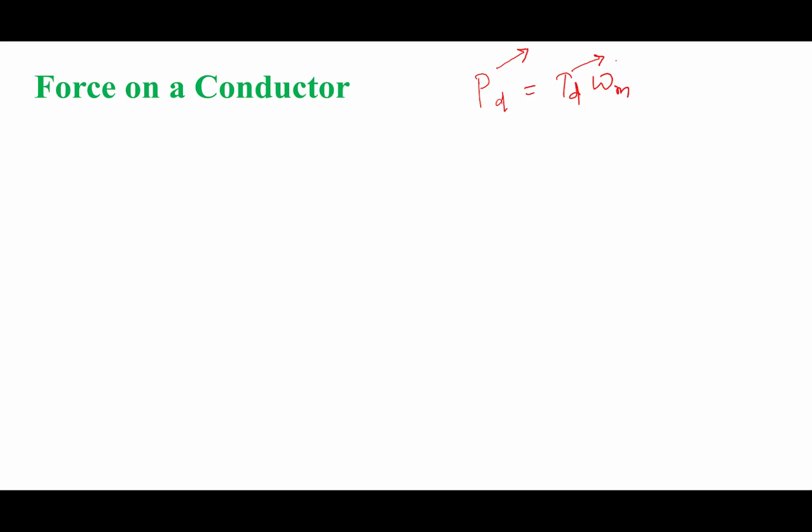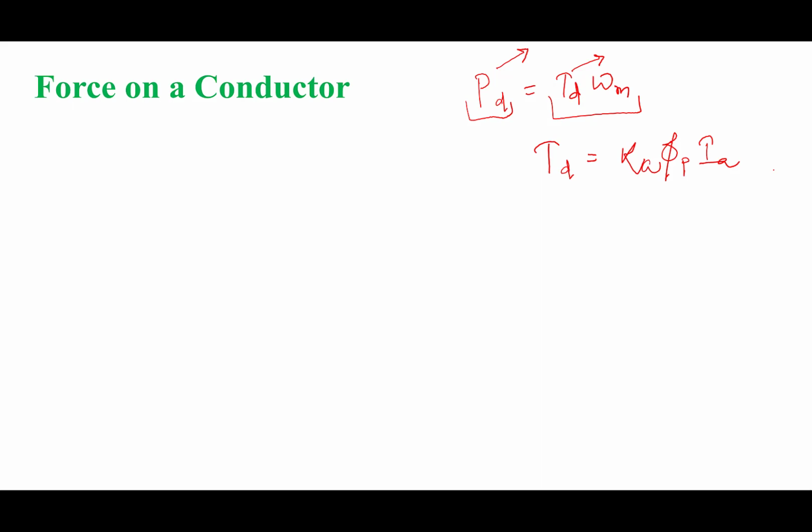Okay. So therefore we related PD equal to TD into omega m, and this TD in fact we can derive in other way also, in an alternative way. Last class we have derived TD equal to Ka phi Ia.